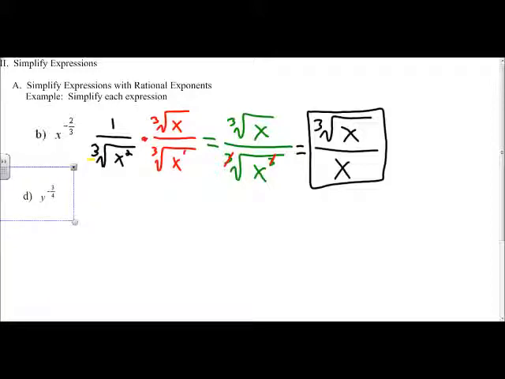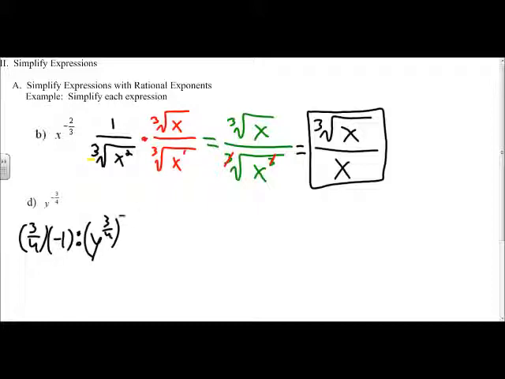Moving on to D, because I showed you both ways before, I'm only going to show you just the one way here. So when we recognize our negative 3/4 as our power, we're only going to recognize that as the 3/4 times negative 1, in which case we'd say that we have y to the 3/4 power to the negative 1.